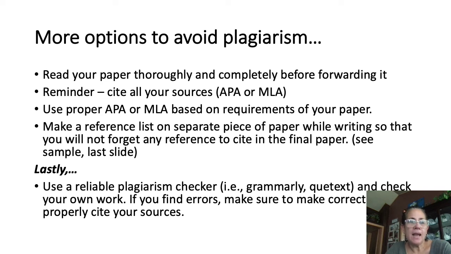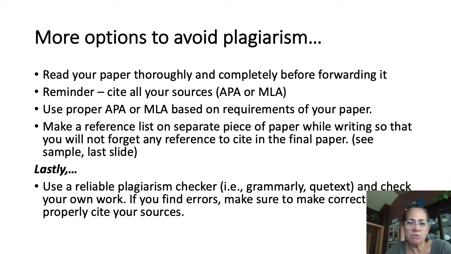I have a little form, but that's the last slide, that gives you a little tip sheet on how to make sure that as you're writing your paper, you are keeping track of all of your sources. Okay? Lastly, and this is something else that I think will be helpful, there are online sites like Grammarly and Qtext. Find a reliable one, but you can upload your paper and use an online app to check your own work. It's going to tell you, for example, okay, we have noted 14% plagiarism on page 1, 10% plagiarism on page 2, etc. And they will identify for you what is plagiarized in your paper.